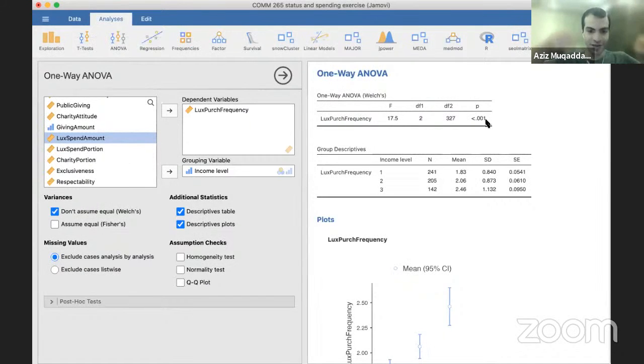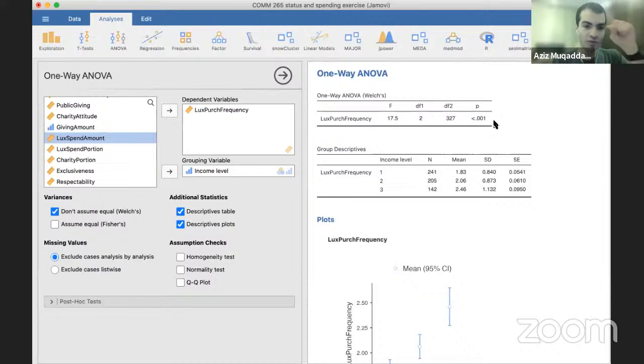So if you could imagine drawing the 3 groups, the mean score of the second group is at the very end of the tail of the first group, and then the third group at the very end of the tail of the second group. Okay, that's what less than 0.001 means.